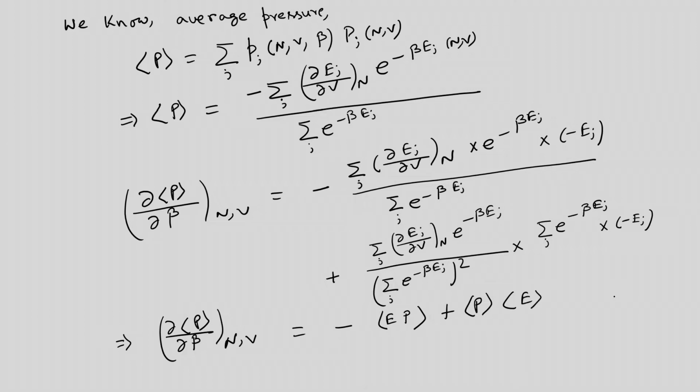So the first term of the right hand side gives EP average, and the second term gives P average times E average. Suppose this is our equation number 8.